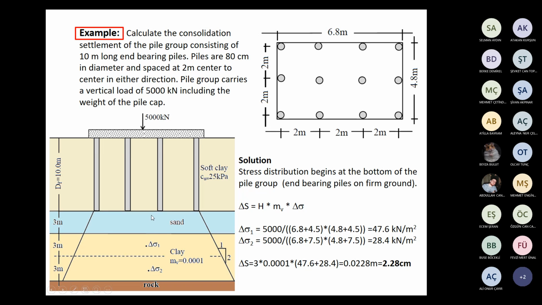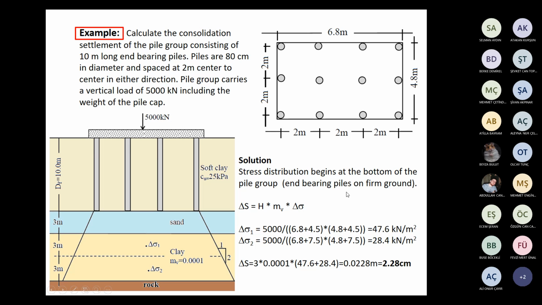What is depth of this point? 3, 6 plus 1.5, 7.5. Increasing by 7.5, and delta sigma 2 is 28.4.